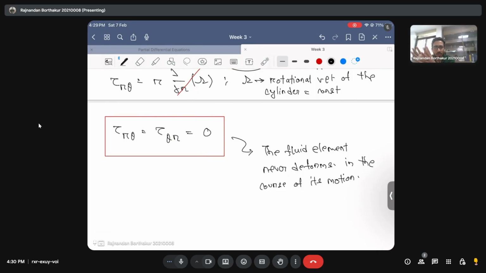Sorry for that, but apart from that, we solved the entire problem where we had rotation of the cylinders and a motion of the fluid in the z axis, and then looked into these particular scenarios. Before that, we looked into how the motion in curvilinear coordinates takes place.